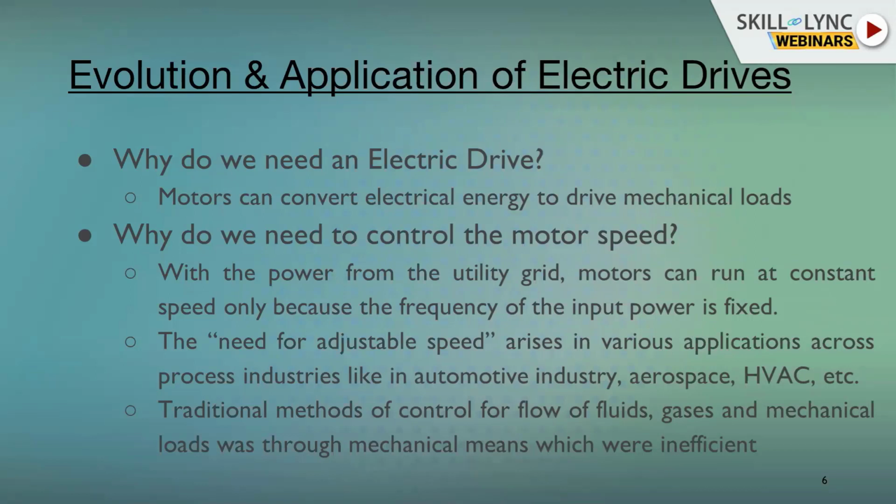And this is driven because various industries where the more electric drives get used, like the automotive industry, aerospace, or heating, ventilating, and air conditioning. There are several industries where motor drives are used. So there is always a need for changing the speed of the motor. And that in turn drives the basic block diagram that we saw earlier and the need for having adjustable speed.